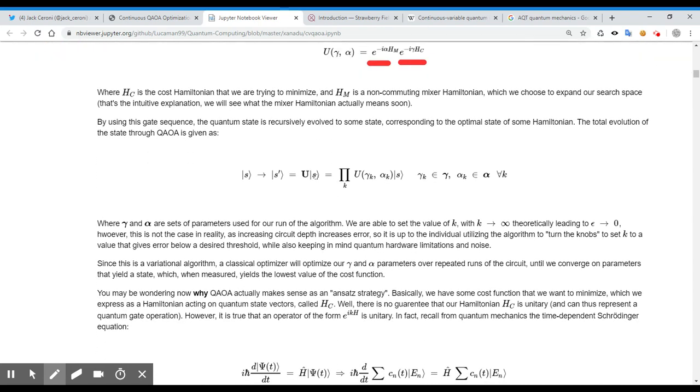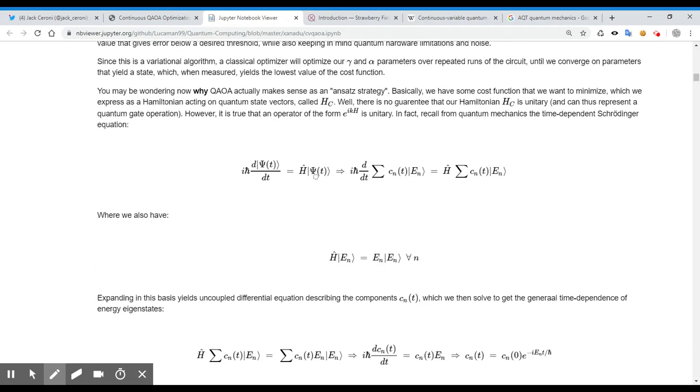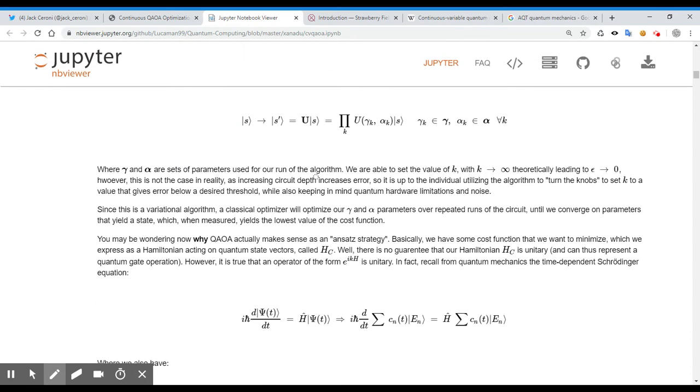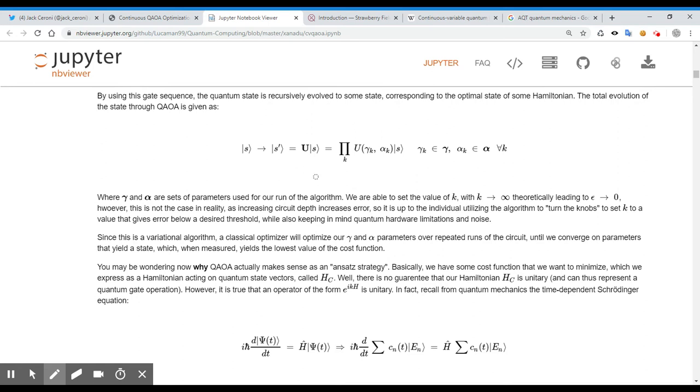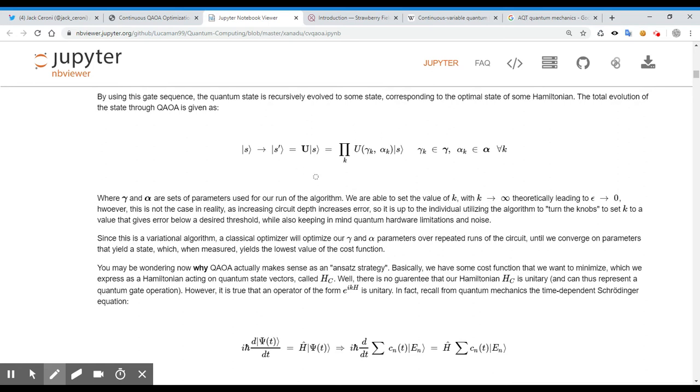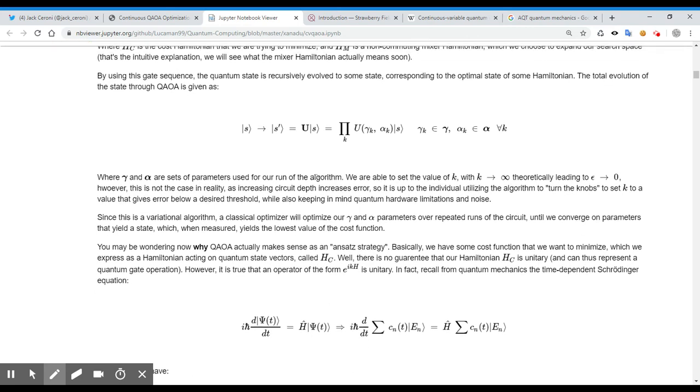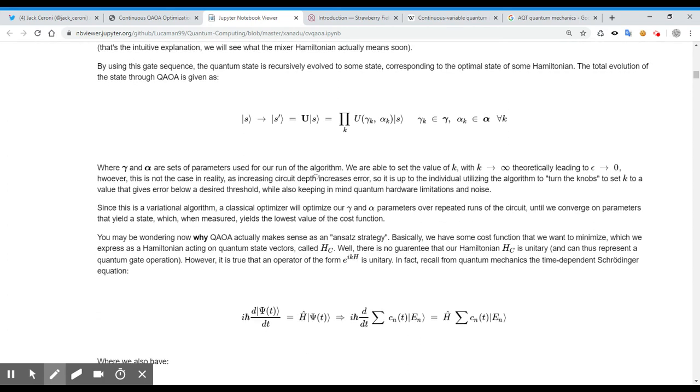there's this adiabatic principle or whatever that says that if you've got a Hamiltonian and you let it evolve through time, it will eventually get to the ground state. It seems to be the same as in classical physics, the principle of the conservation of energy or something like that.